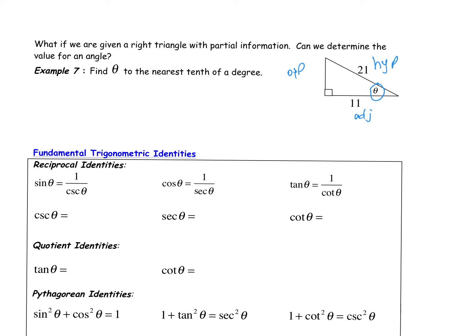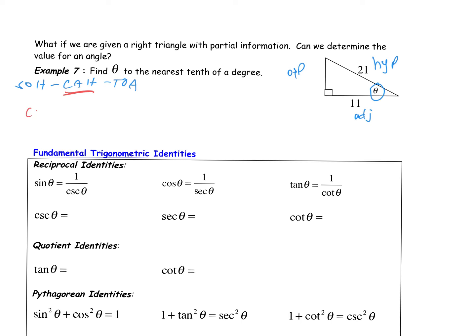So we're going to use right triangle trig here to find the missing angle, theta. We know that we were given the length of the adjacent side and the length of the hypotenuse. If we think about SOHCAHTOA, we're given the adjacent side length and the hypotenuse, which means that we want to use cosine just because of the side lengths that are given.